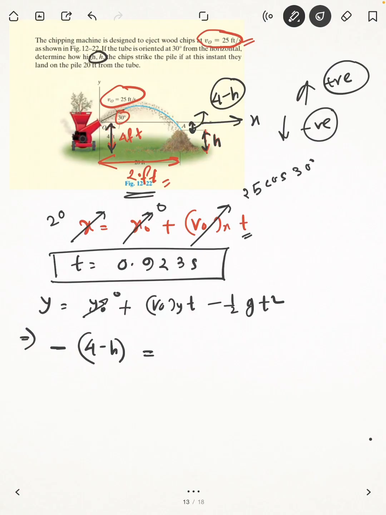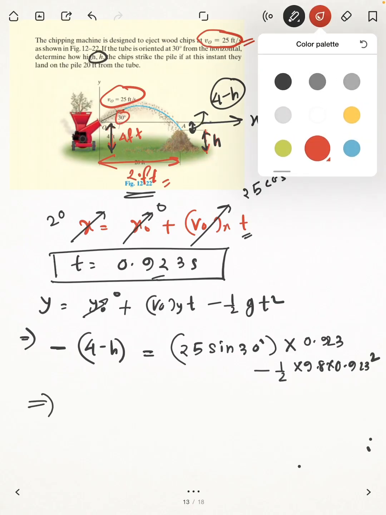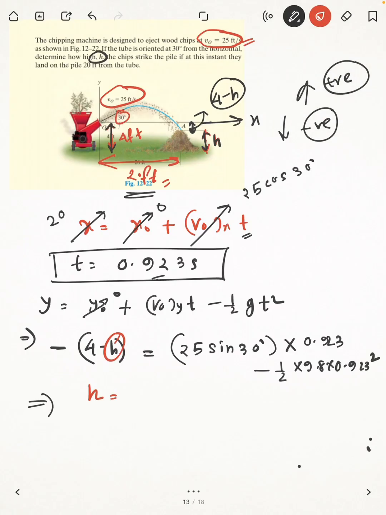We have v naught, so v naught should be what? Initial velocity 25 sine 30 degrees times the t, which is 0.923, minus half into 9.8 into 0.923 square. Okay, now if you do the calculation and solve for this h, you're going to end up with h value as 1.82 feet.